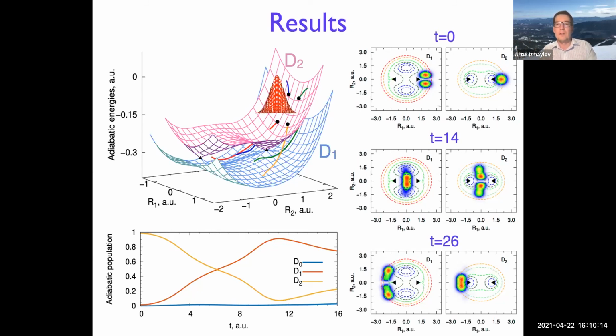When you start at D2, right here, there is 1 wave packet combined out of all the Gaussians. Then it goes around the first intersection. This nodal line builds up because of the geometric phase destructive interference. And then at a later time, when these 2 lobes go around the second intersection, well, 2 destructive interferences essentially result in constructive interference, and we get back a wave packet similar to what we started with.